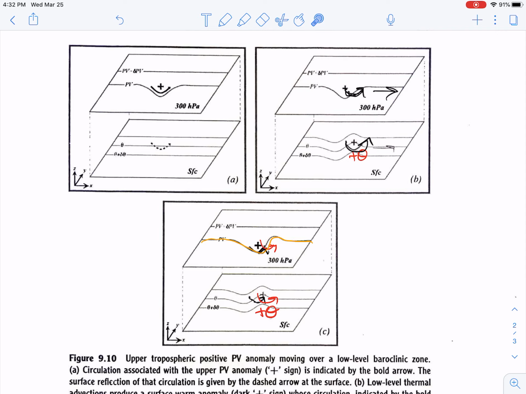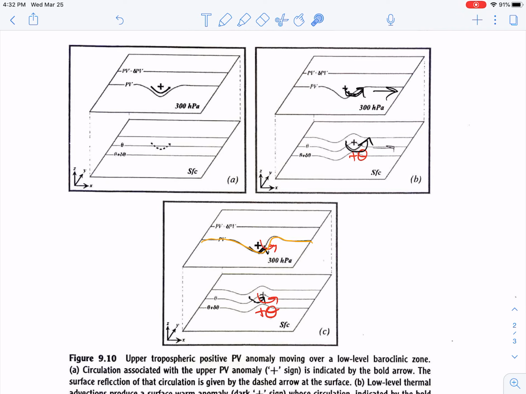And so in order to make a cyclone through this PV lens, we need our initial upper level positive PV anomaly to induce our cyclonic circulation near the surface. From inducing that cyclonic flow, that will deform our temperature gradient, creating a positive PV anomaly.